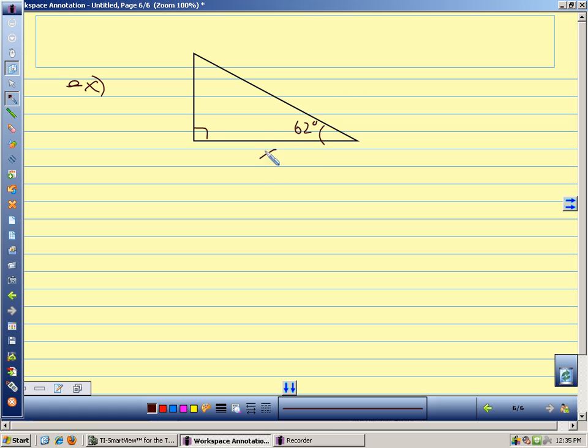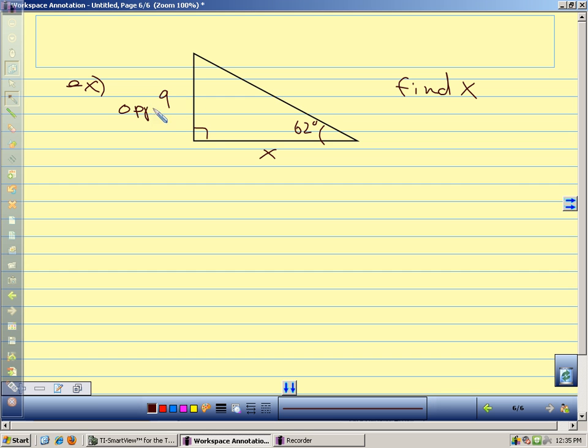This is x, and this is 9. And we want to find x. So let's follow our steps. Let's label our triangle. Is 9 opposite or adjacent? This is the angle we're interested in. So 9 is opposite. X is the adjacent.